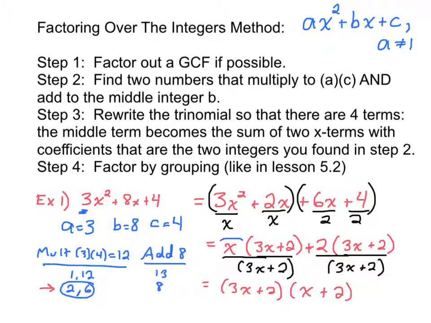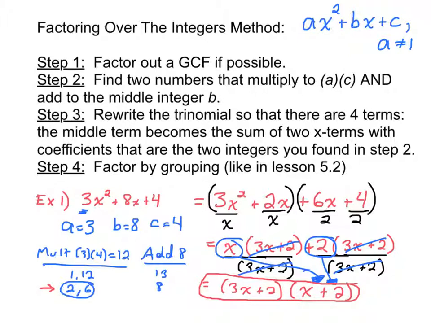Those are from here and here, those are what's left over, because the 3x plus 2's divide out to 1. So we're left with the x and the 2 left over. And therefore our factors of 3x squared plus 8x plus 4 are 3x plus 2 and x plus 2.